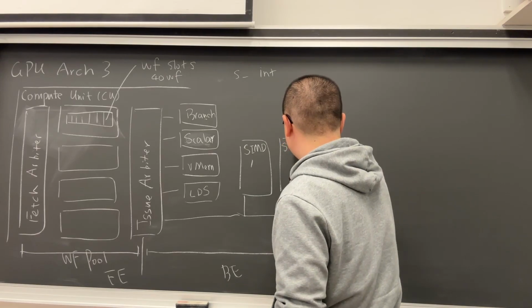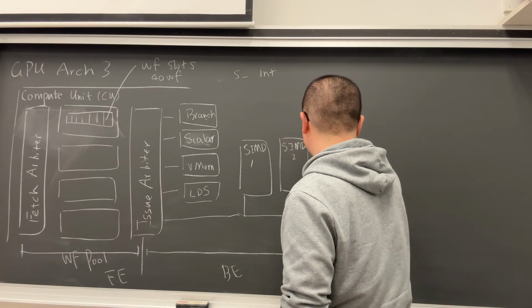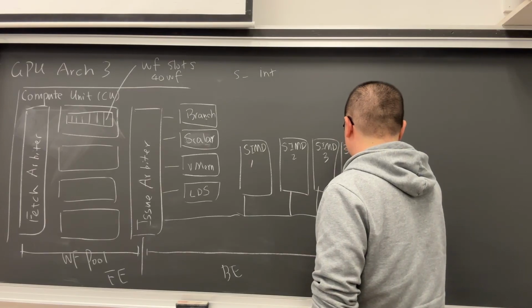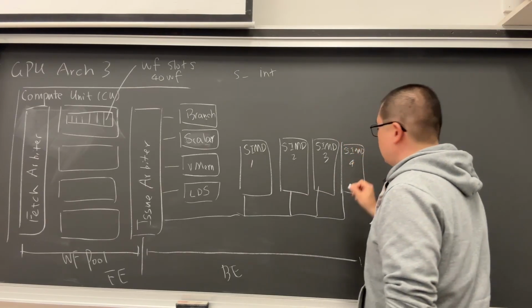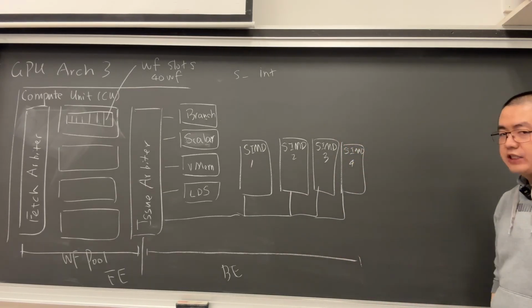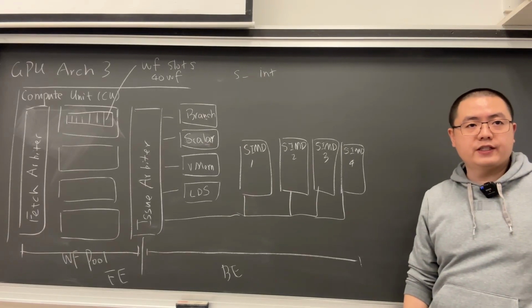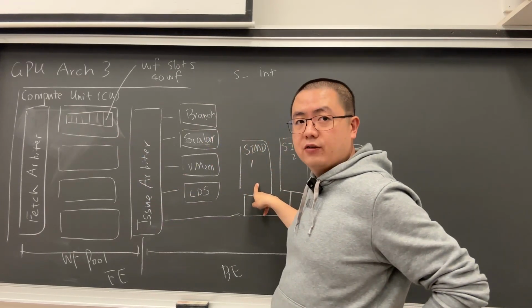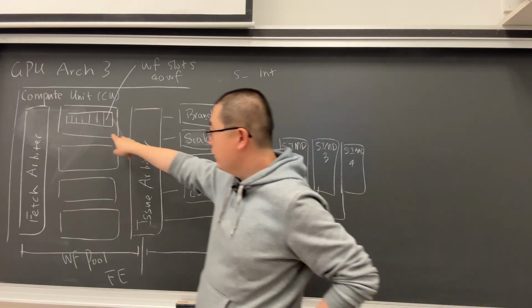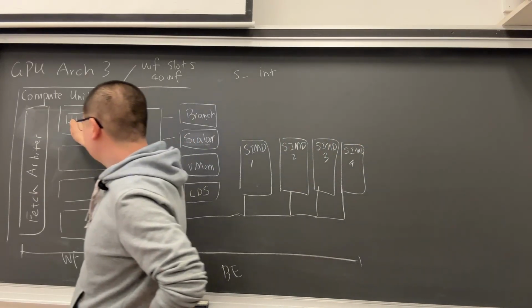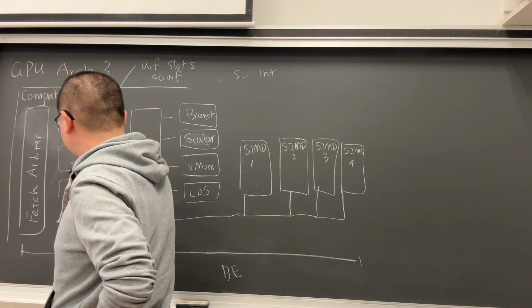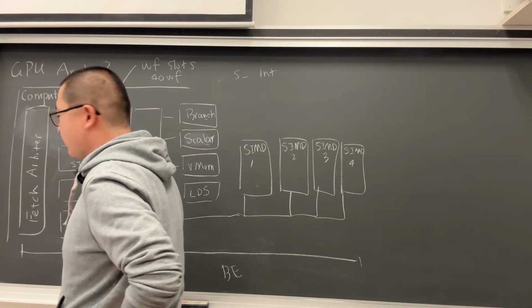SIMD1, SIMD2, SIMD3, SIMD4. Okay, so if you check the AMD official documentation, you will see they call this thing SIMD unit. They also call this thing wavefront pool. They also call it SIMD1, SIMD2, and so on.